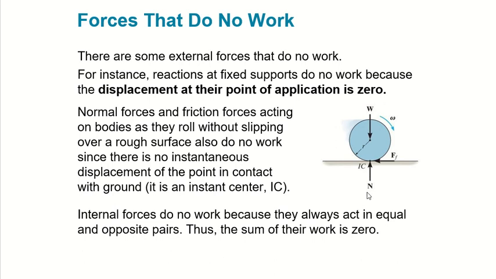We call it the normal force, and then you have friction forces acting on the bodies. Here in this example your body is rolling, not slipping, so that's the balance this motion is doing, rolling on a rough surface.